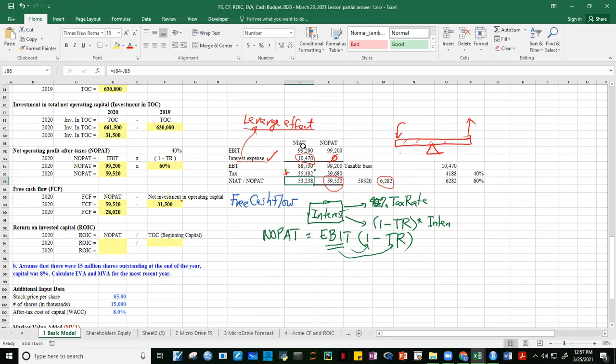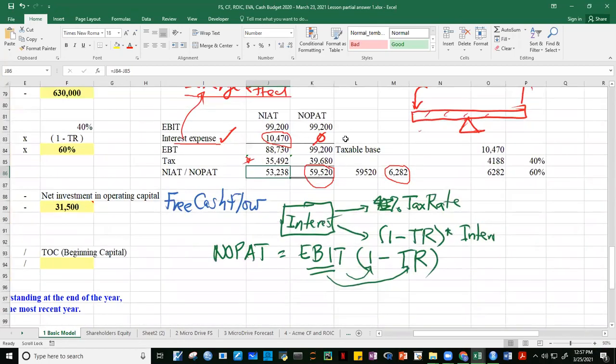The difference between your net income after tax and your NOPAT is that in NOPAT, we assume that there's no interest expense because net operating profit after tax seeks to assess the performance of operations. And we said interest expense is not within the province of operations. It's a financing function.